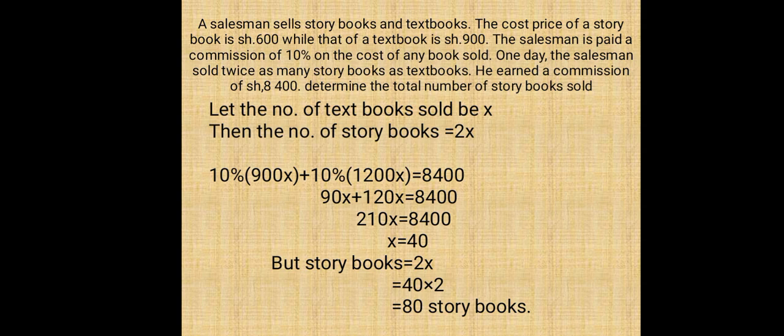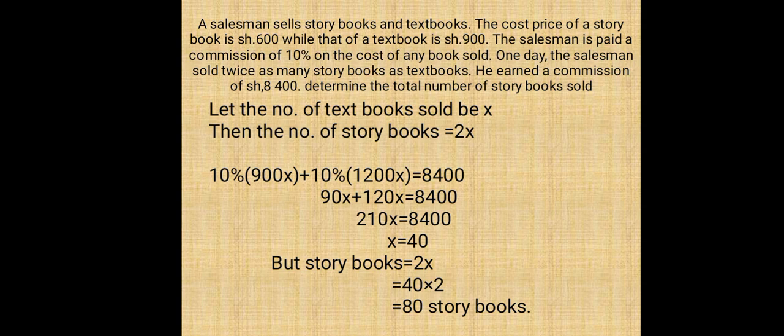So here we shall say let the number of textbooks sold be x. Then the number of storybooks will be 2x because we have been told the storybooks were twice that of textbooks. Now, how do you compute the commission? Commission will be 10% of 900x plus 10% of 1,200x, which is equivalent to the commission we have been given, 8,400.